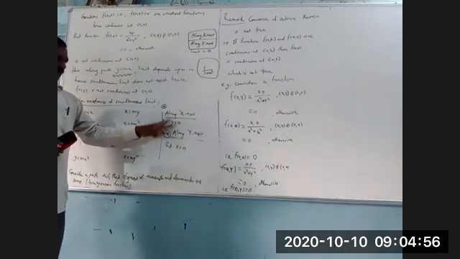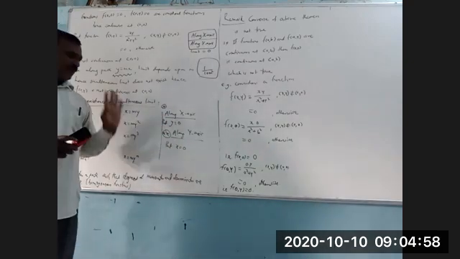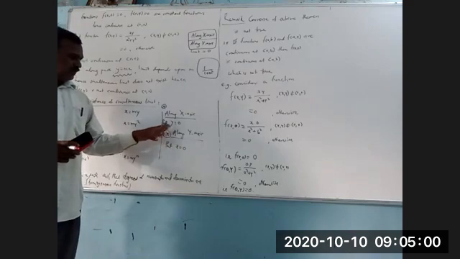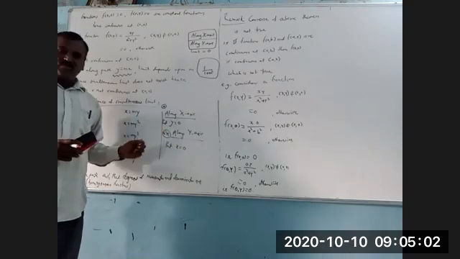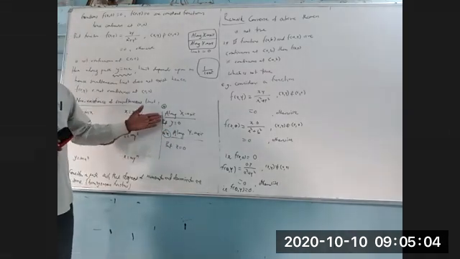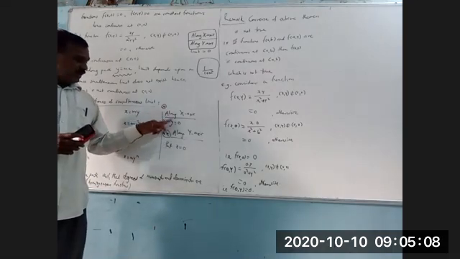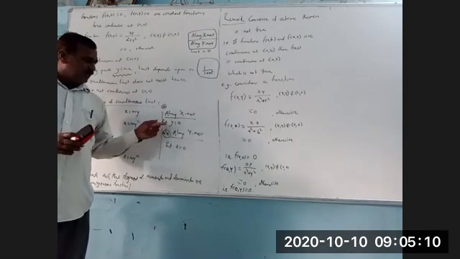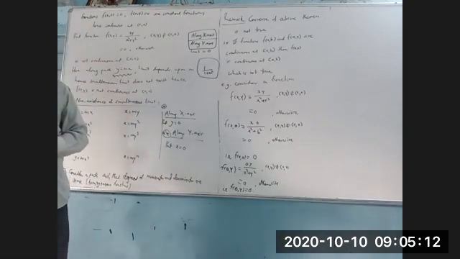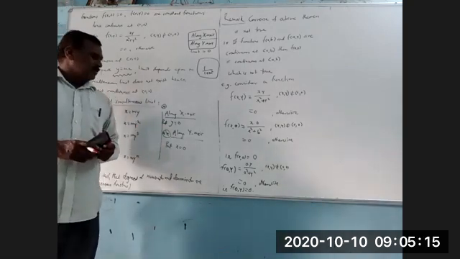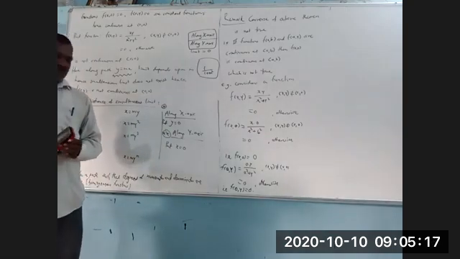If the limits along both paths are equal, then don't conclude that the simultaneous limit exists. But if the limits along both paths are different, then you can directly conclude that the simultaneous limit does not exist.